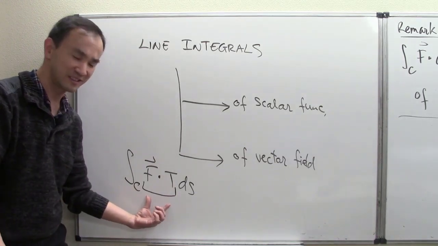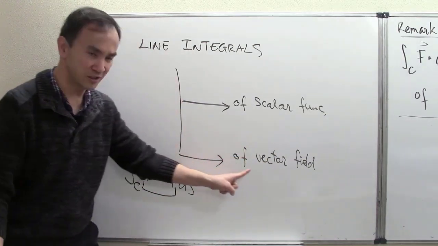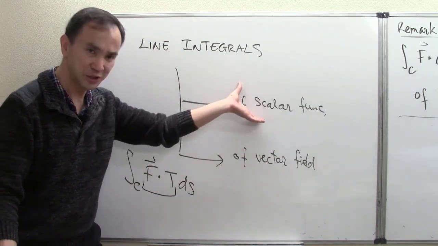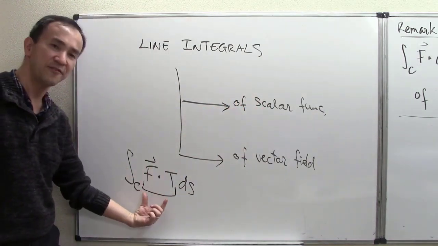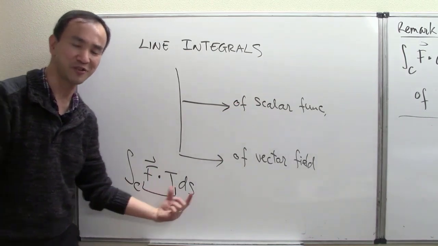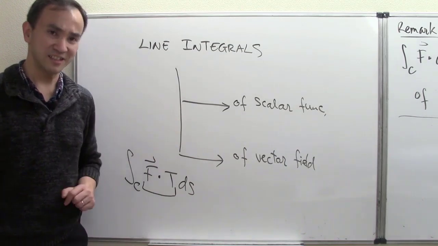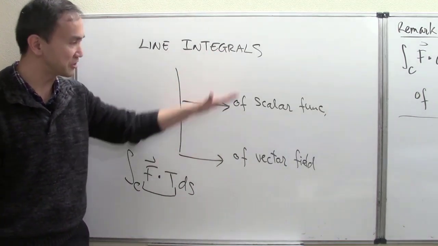Even though you're working with a line integral for a vector field, you are in the end bringing yourself back to a line integral for a scalar function, because the F dot T quantity will eventually be a scalar function. That's the idea of line integrals. So it seems like there are two major types of problems.